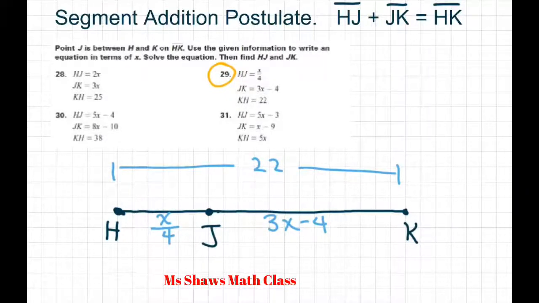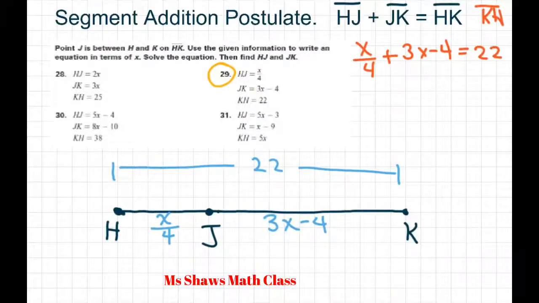HJ is x divided by 4, and JK is 3x minus 4, and HK, remember that you can rewrite this as KH. That's another way of writing the line segment. And that equals 22.